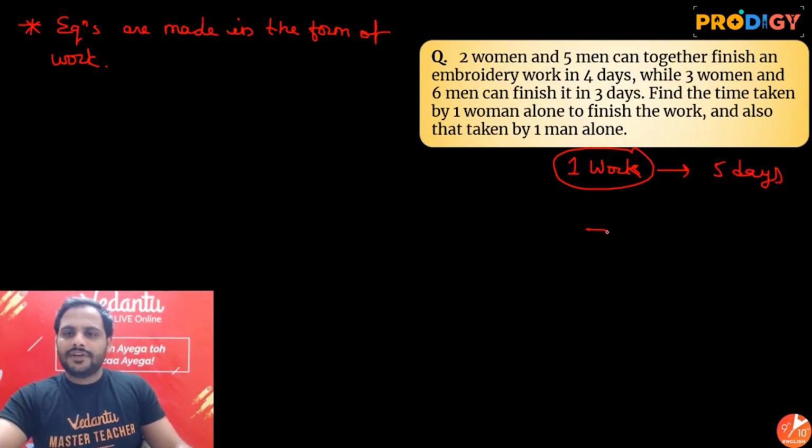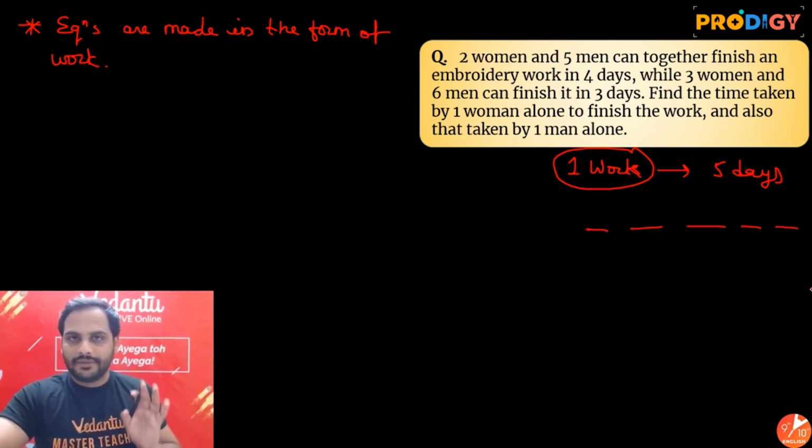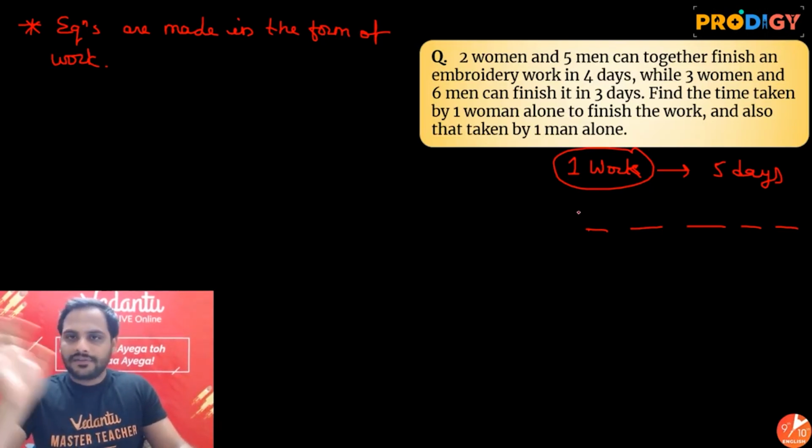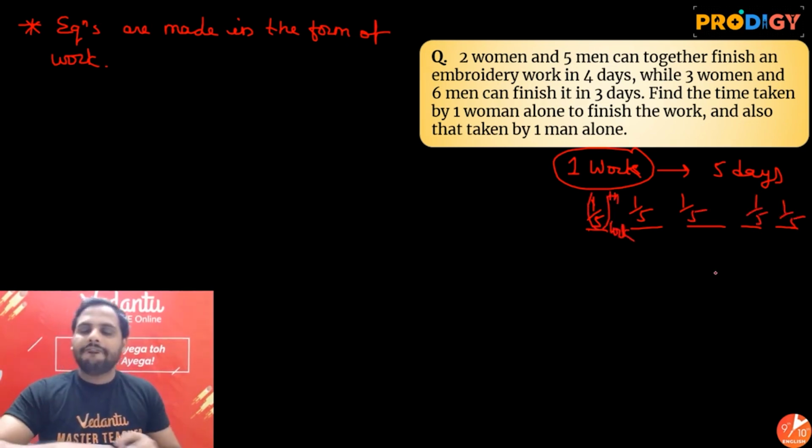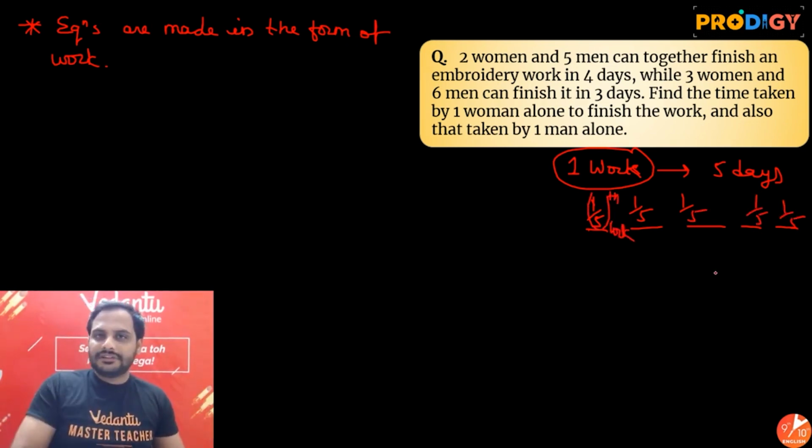So if I am completing this work in 5 days, how much work am I doing every day? This one work is divided into 5 equal parts, so I will do 1 by 5 of the work every day. So on the first day I have done 1 by 5th of the work.